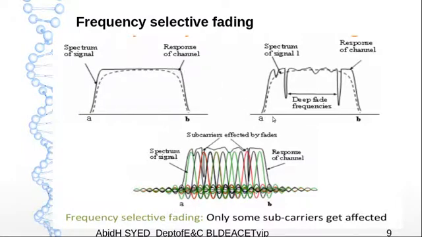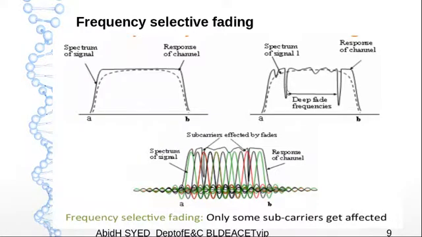So in case of using subcarriers, each subcarrier is responsible for carrying a small part of data. Thereby distortion may affect only a small part of the spectrum.